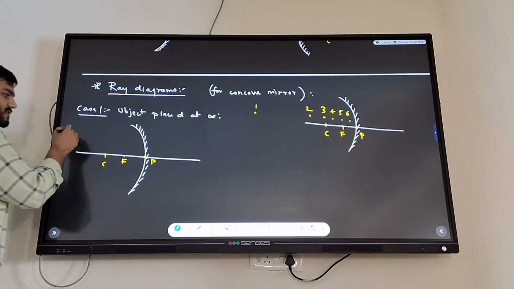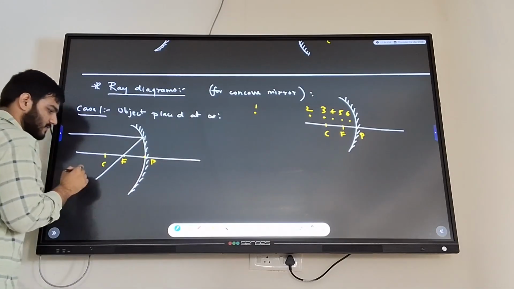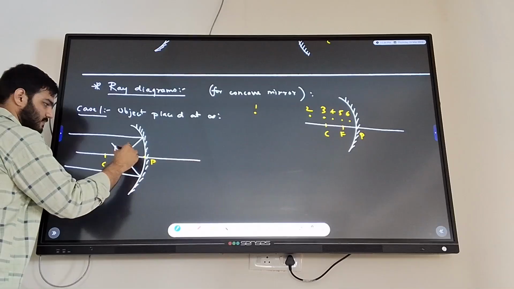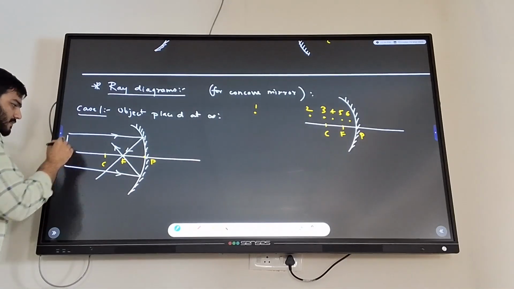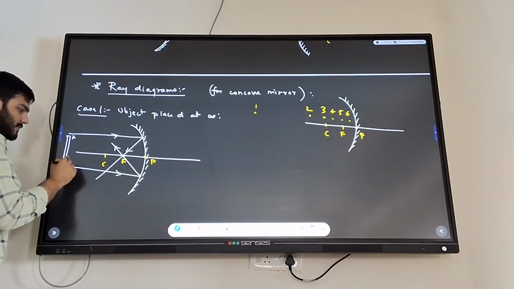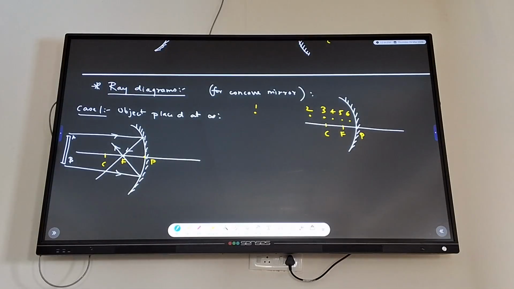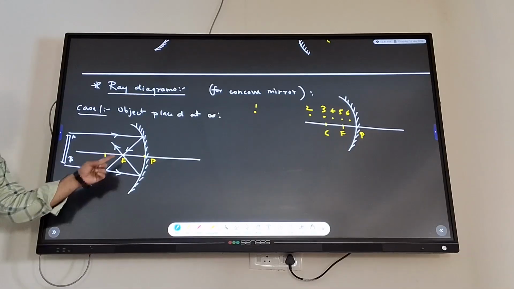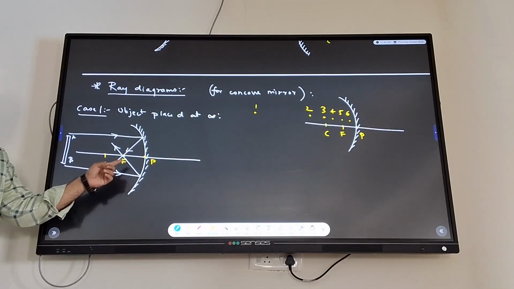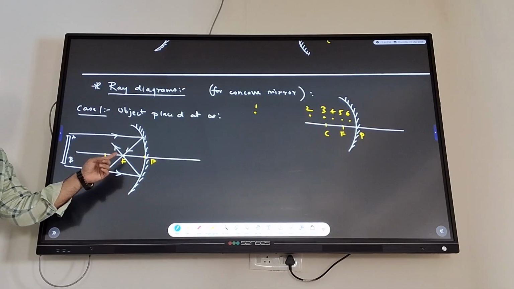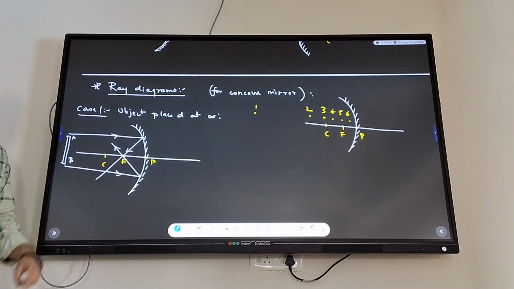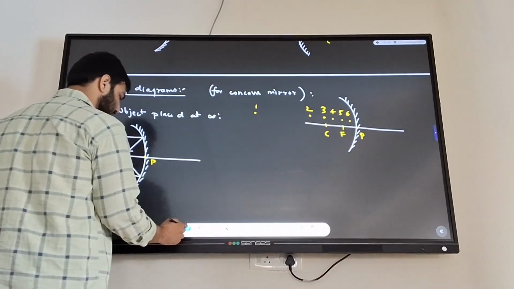From infinity. So they pass through focus. This is my object AB. Can you comment upon the nature of the image? It will be a real image. What about the size? Point size, highly diminished. What about erectness? Erect, it is going to be erect.